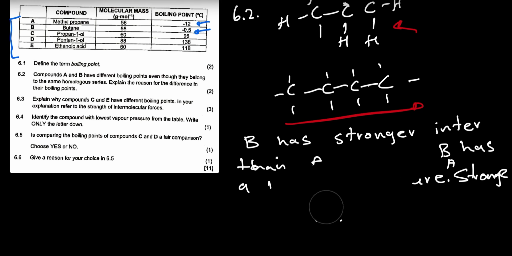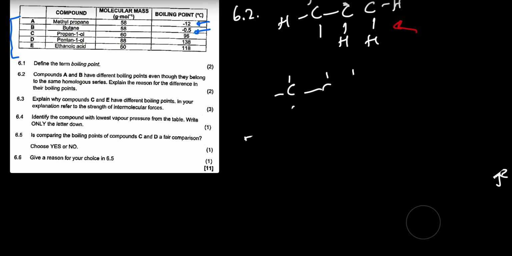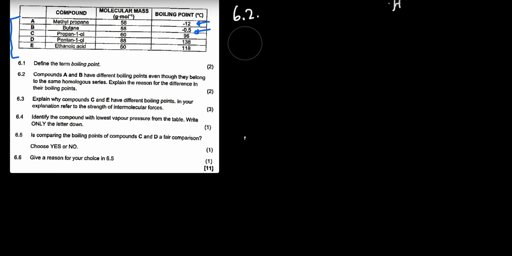Okay, so now we should continue now to number 6.3. So if you look at 6.3, they say explain why compound C and E have different boiling points. Compound C and E. So let's just compare C and E. C is this one, and E is that one.